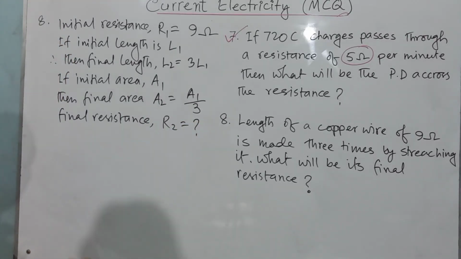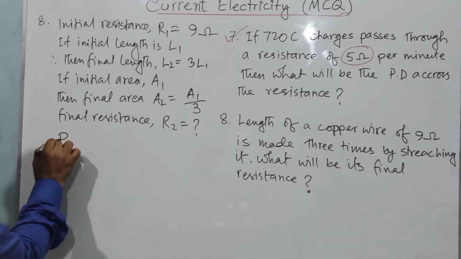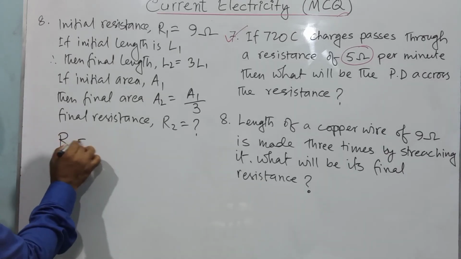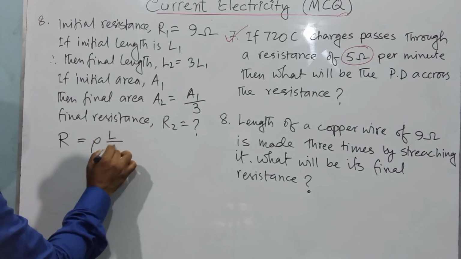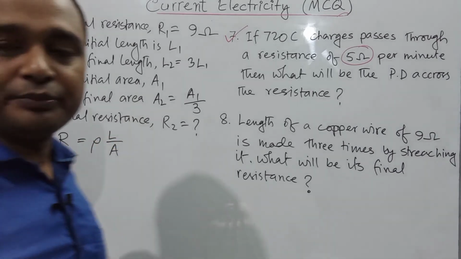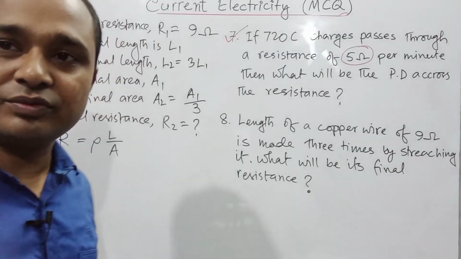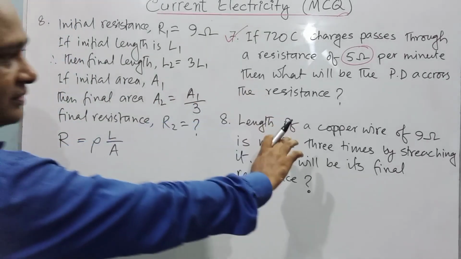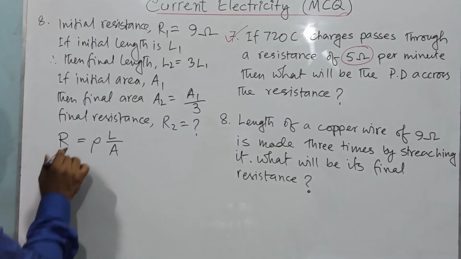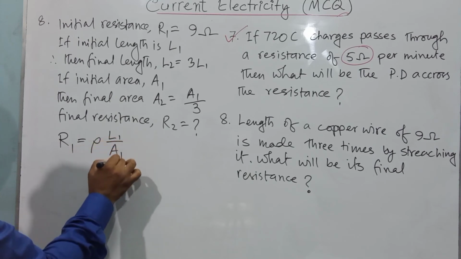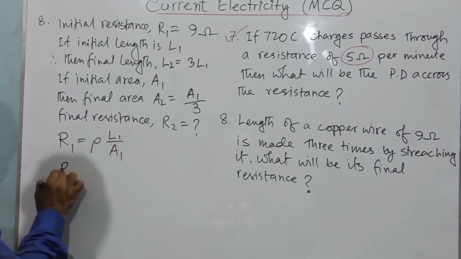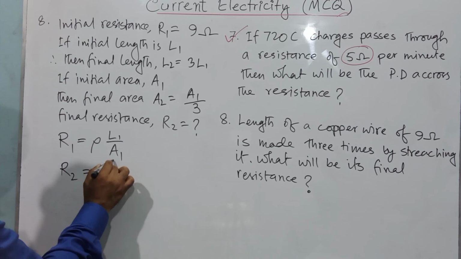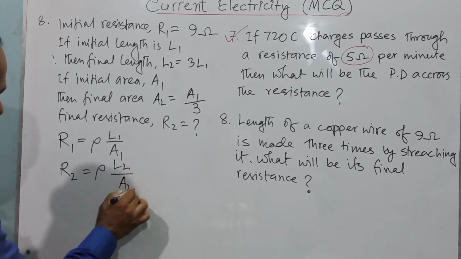Dear students, we know resistance of a wire is denoted by R is equal to rho into L by A. This is our base formula. If we use the formula for the first situation, that is R1 is equal to rho into L1 by A1, and for the second situation R2 is equal to rho into L2 by A2.